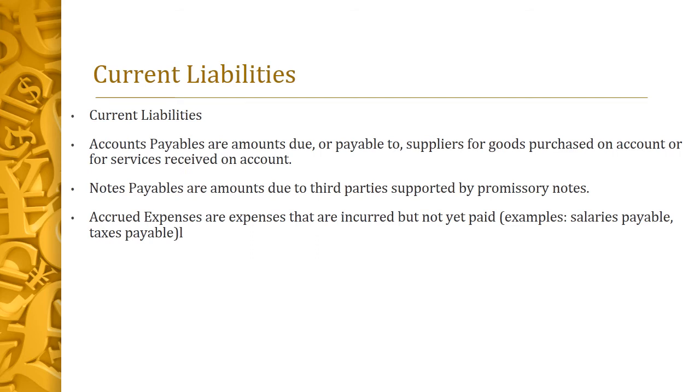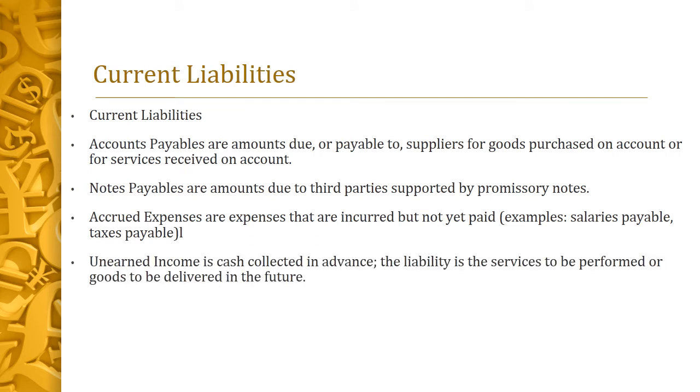If we recognize salaries expense today, but we haven't given the salary to the workers yet, then we have salaries payable. Or if we already recognize tax expense today, but we plan to pay the taxes after a month, then we have taxes payable.